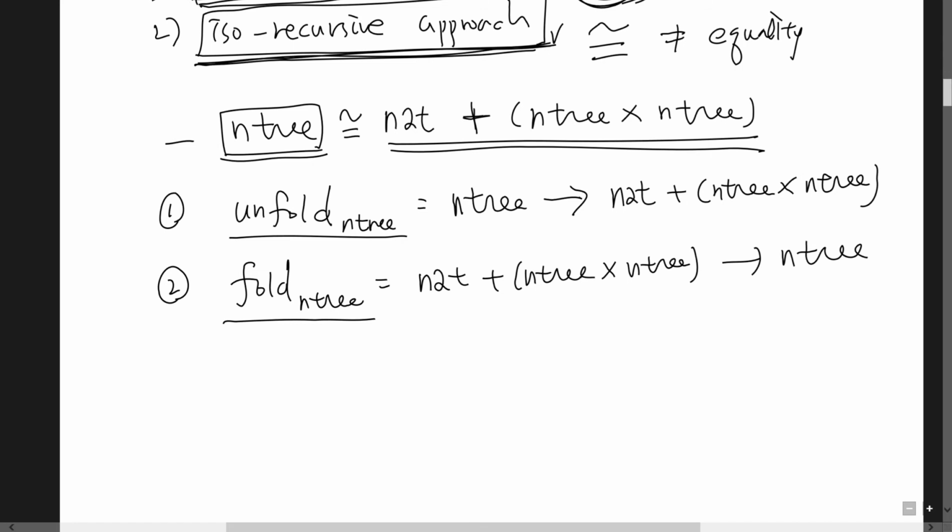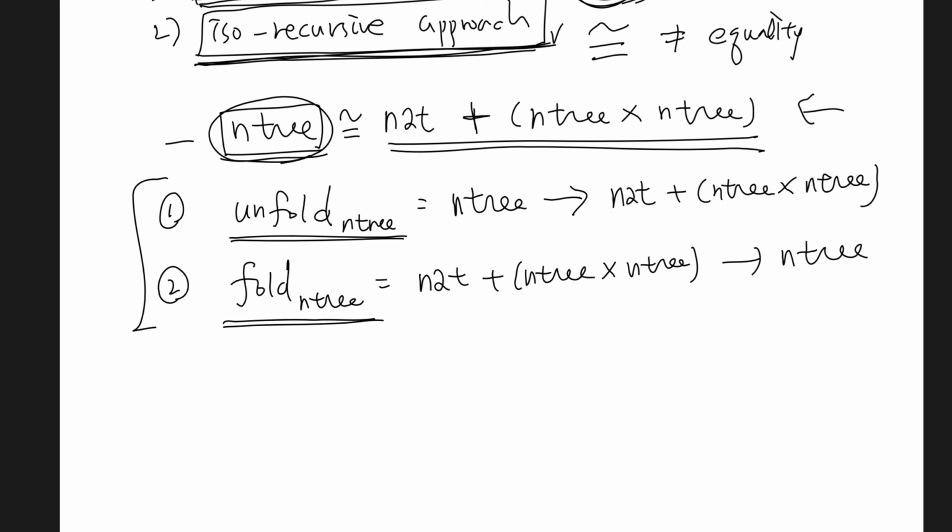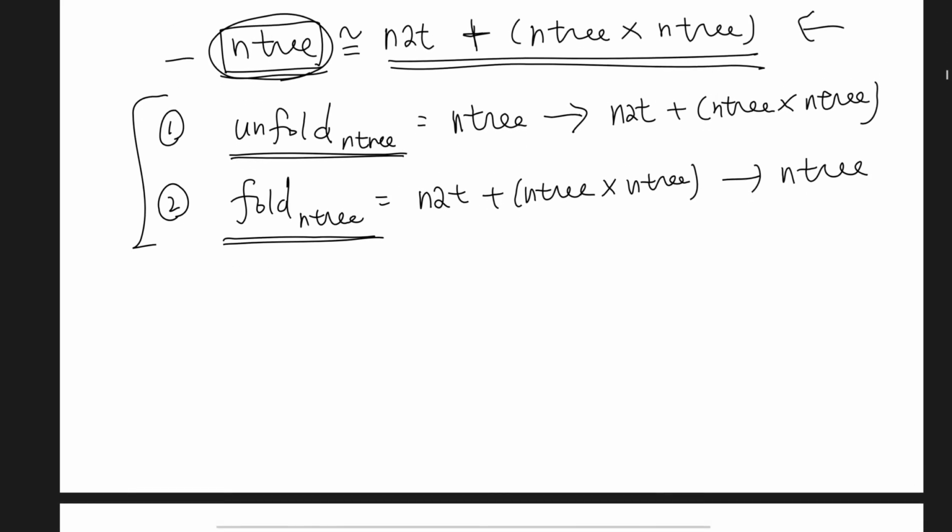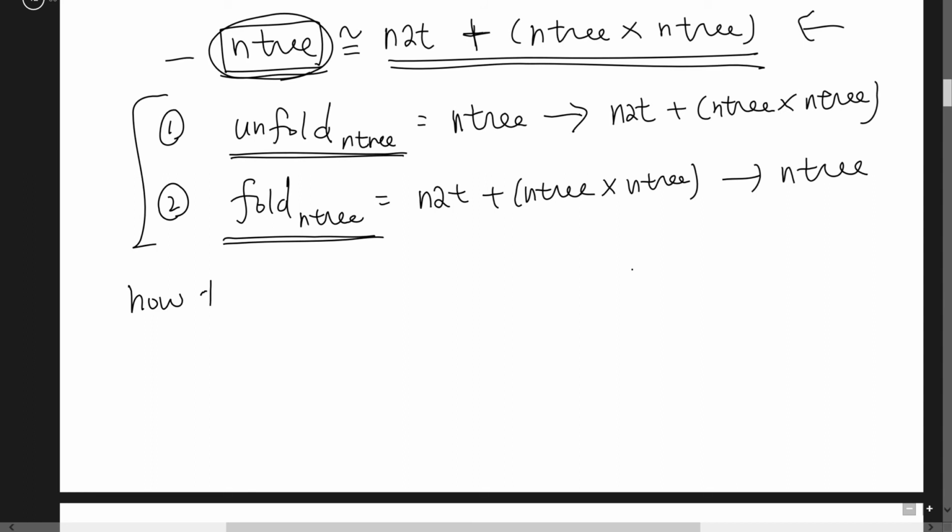So again, to summarize, when you introduce your own recursive type, natural number 3, according to this isomorphism, the type system creates two functions for you. The first, unfold, and the other, fold. And let's see how we can put these two functions to use in practical programming. First, how do we create natural number 3?